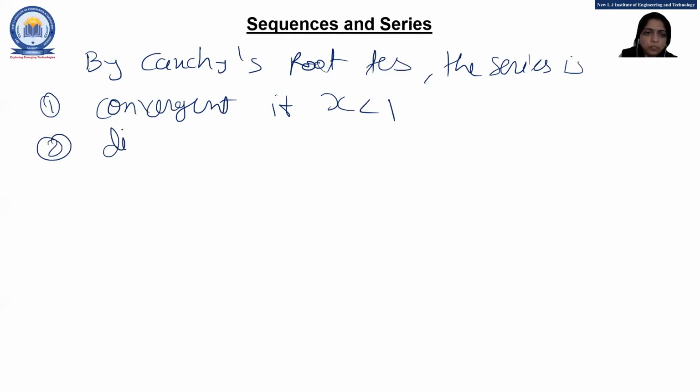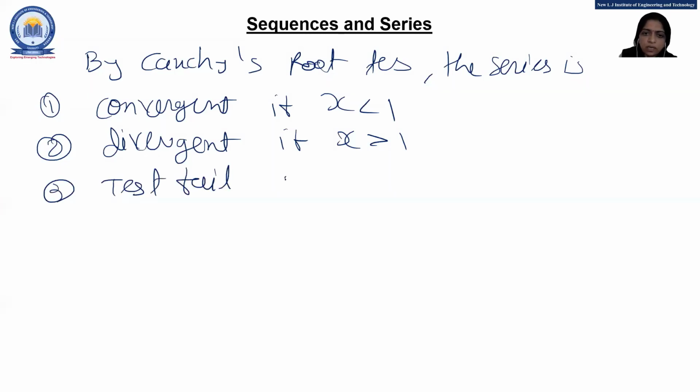Number 2, divergent if x greater than 1. And number 3, test fails if x equal to 1. So here the test fails for x equal to 1, and now we can apply any other test for x equal to 1.